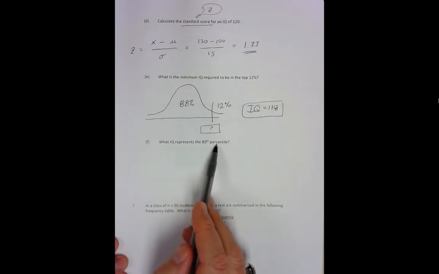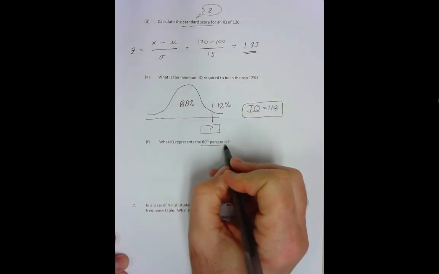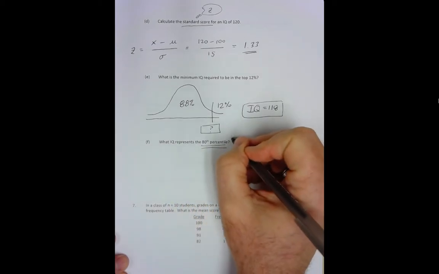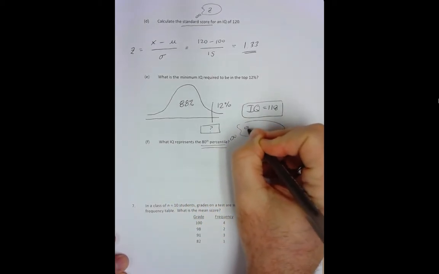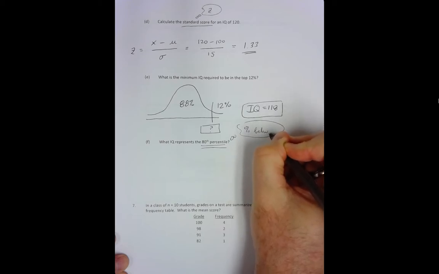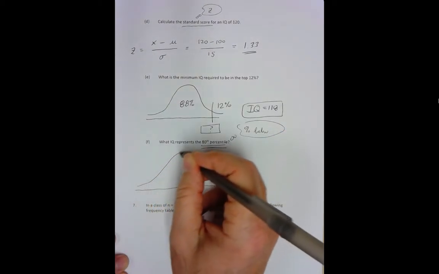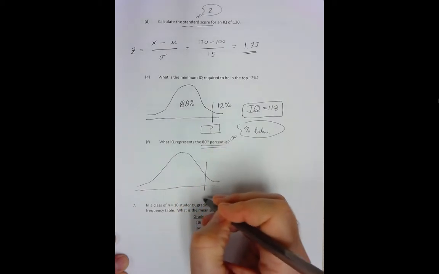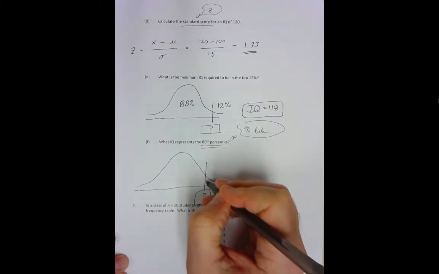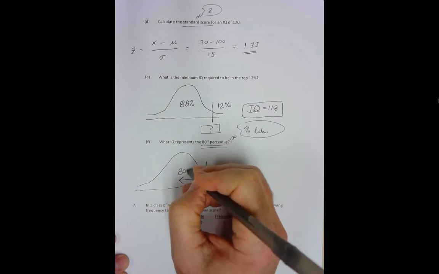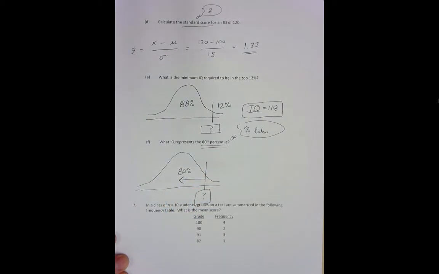What IQ represents the 80th percentile? What does percentile ranking tell you? Percent below. So in this distribution, there is some score that has 80% below.